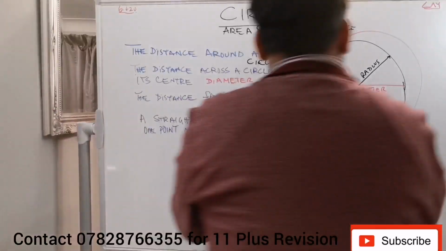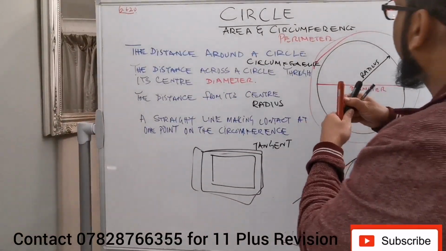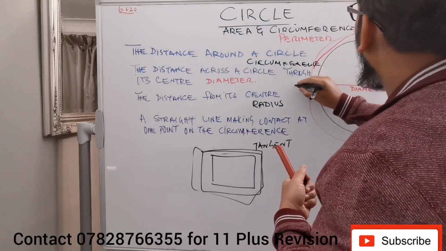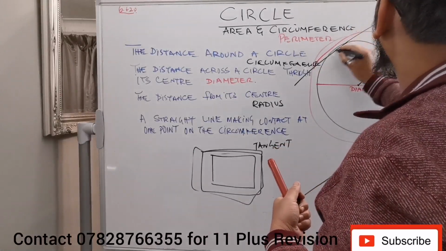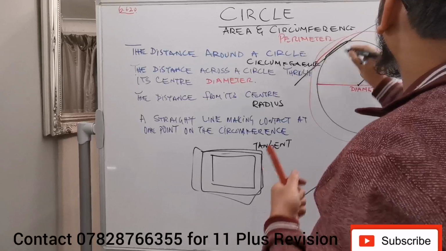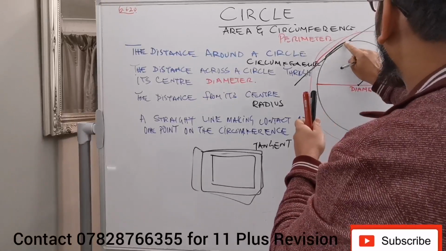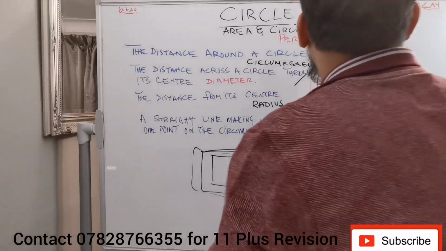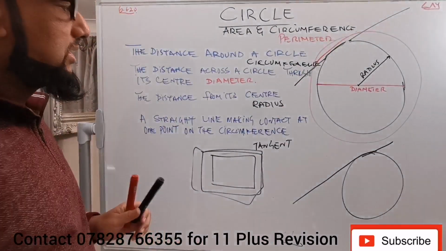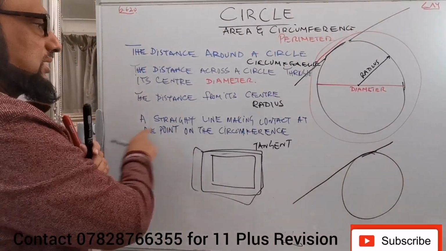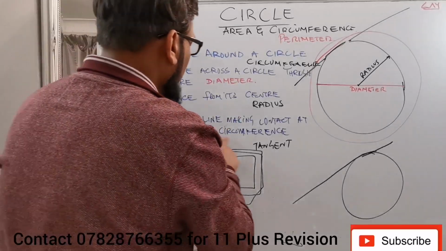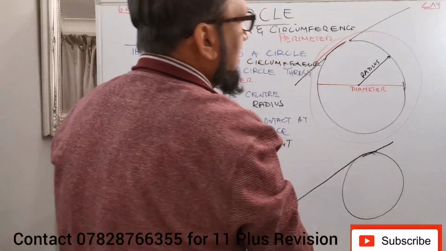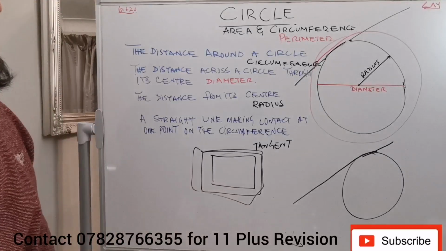The tangent is a line that does not go across the circle; a line making contact at one point on the circumference is called a tangent.